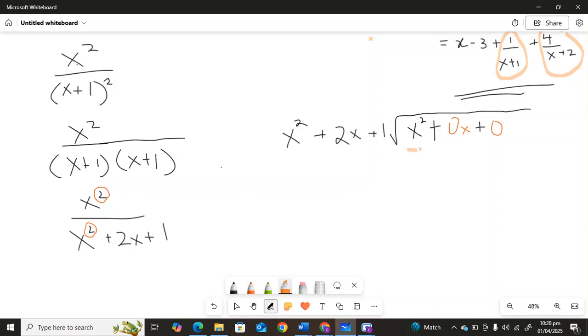Yes, this x squared divided by this x squared.